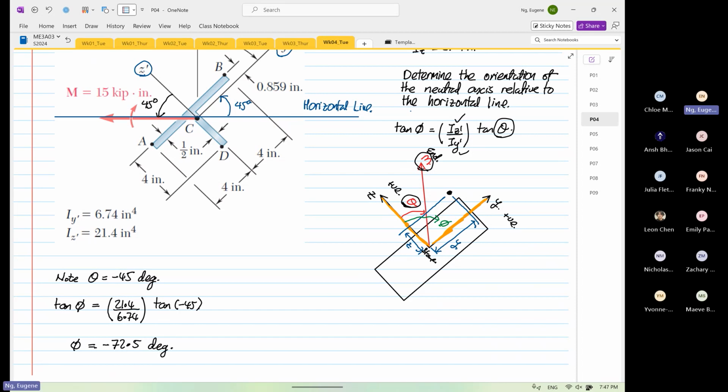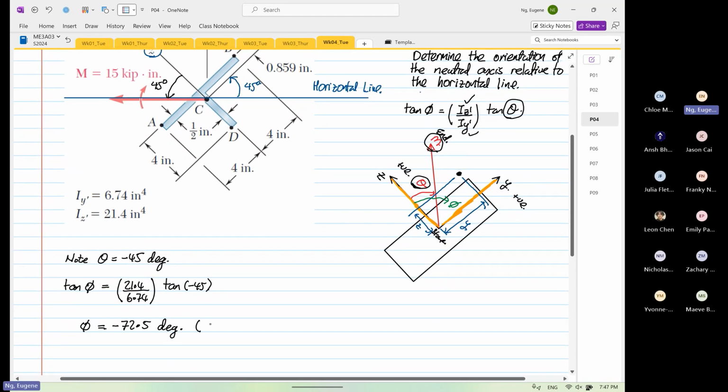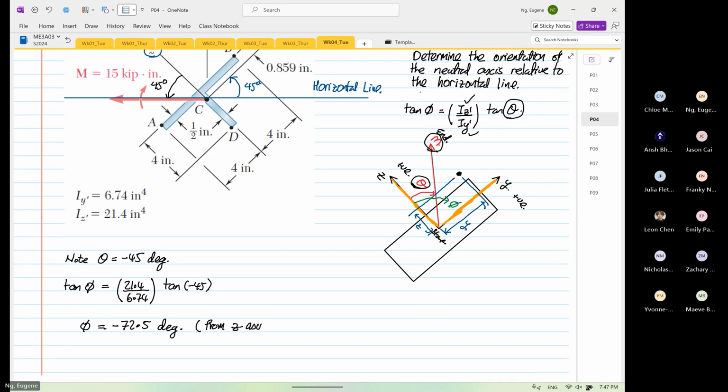So what does this mean, right? So now I'm going to take my protractor. Now this is from the z-axis and going what? Counter clockwise. Okay.